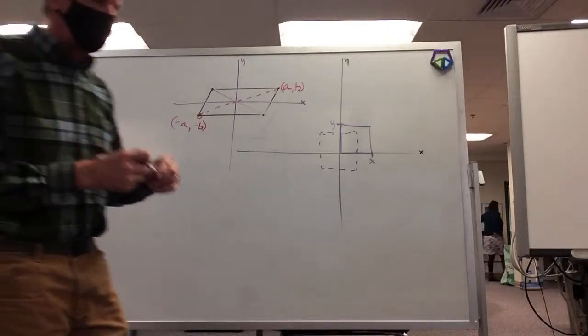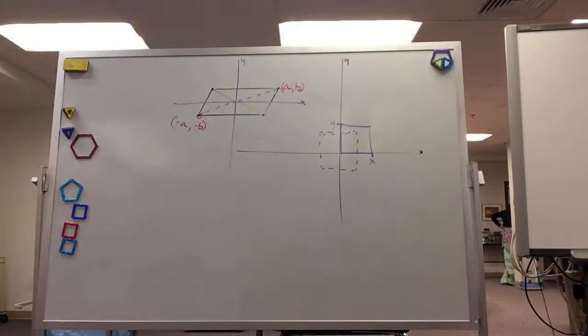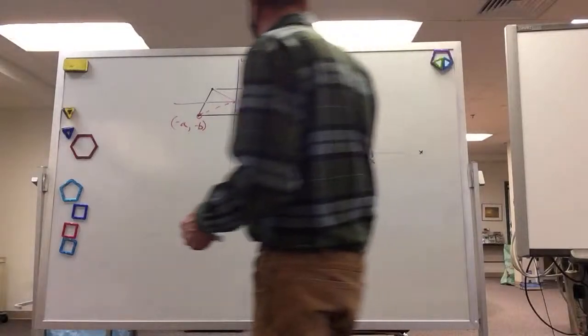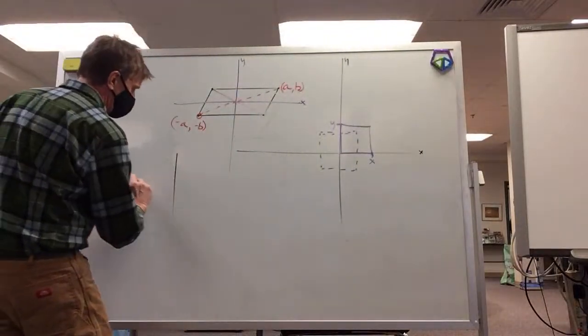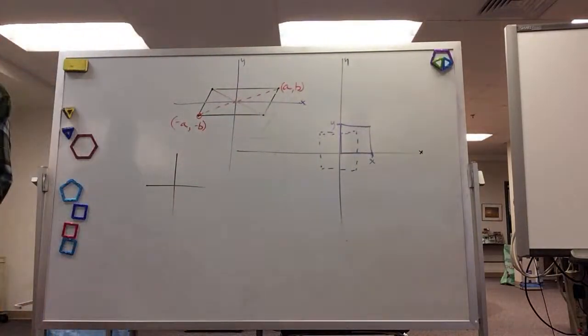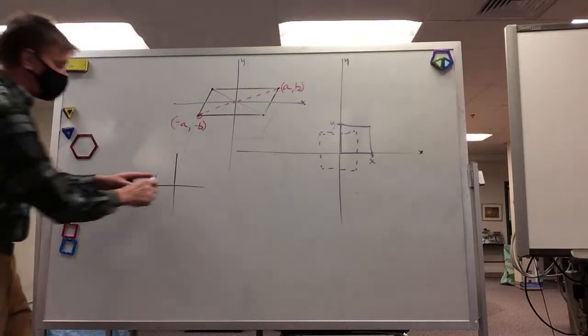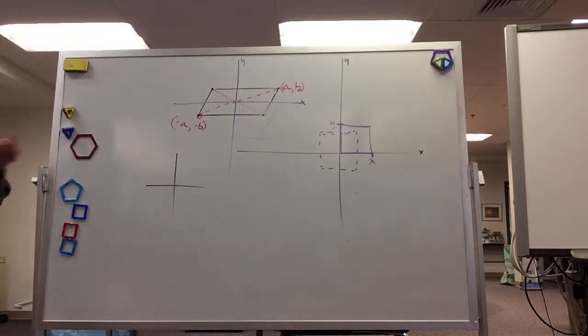For figures that have lines of symmetry, such as, well, what's something we've been working with that has more than one line? Rectangles. So you could center a rectangle over this. What's another figure we've been using? Octagons, yeah.